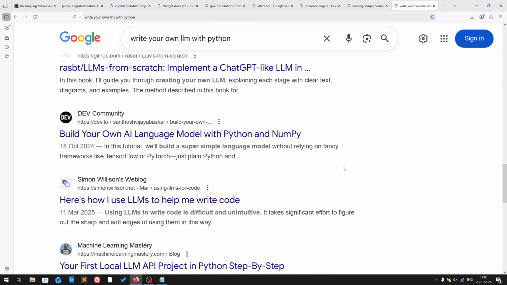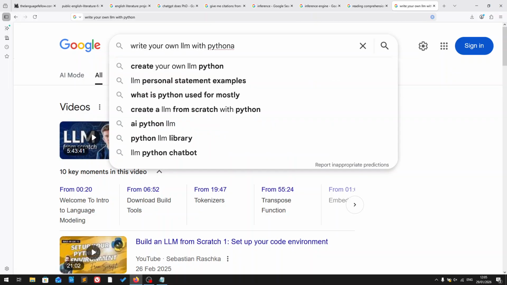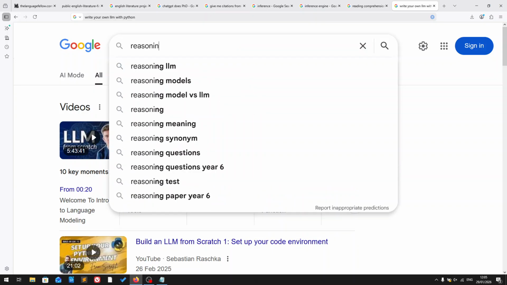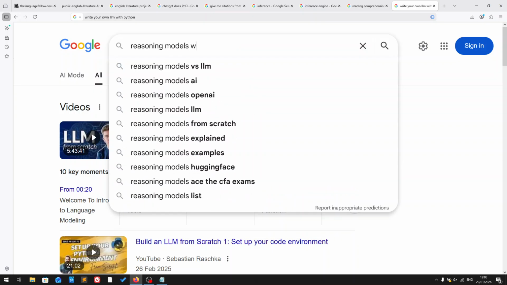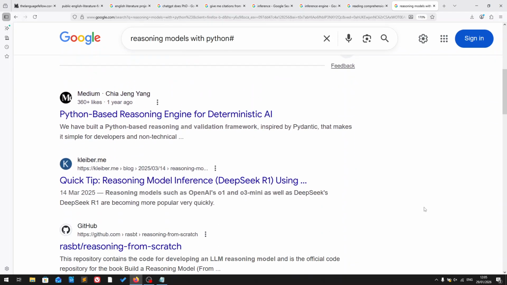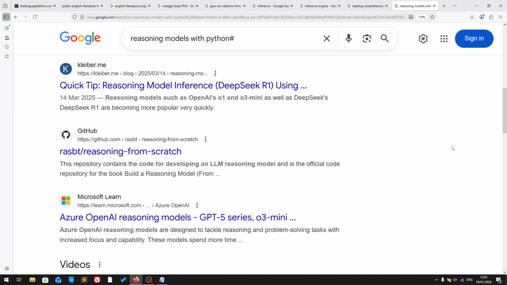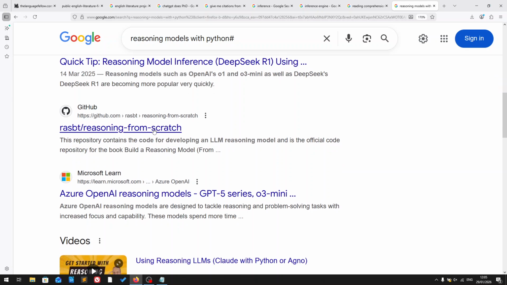So this can be done, I'm sure, as it says here. But reasoning models with Python, reasoning models with Python for deterministic AI. What is deterministic AI? DeepSeek R1. Yes, R1 we came across some time ago in this video, right? Reasoning from scratch.